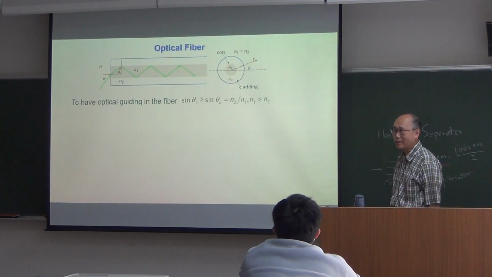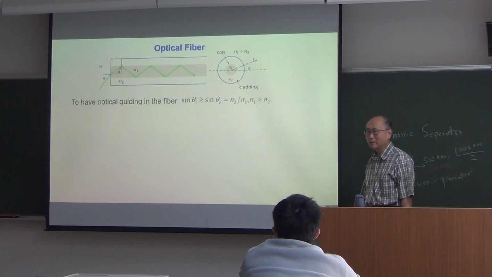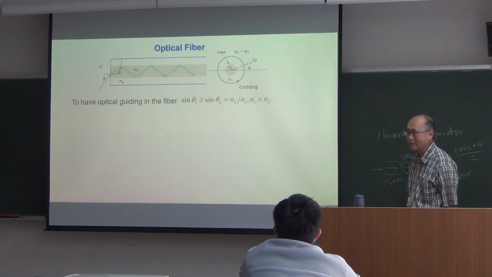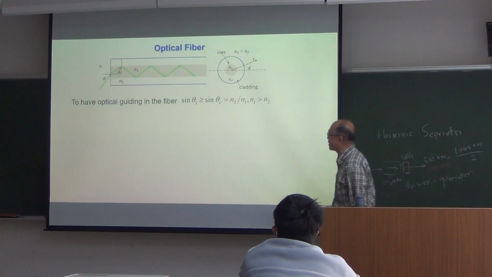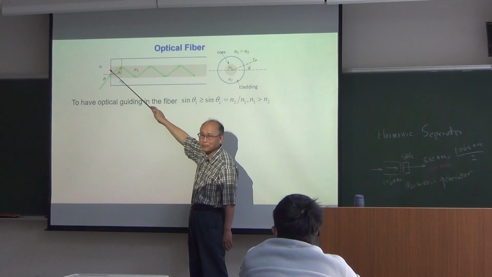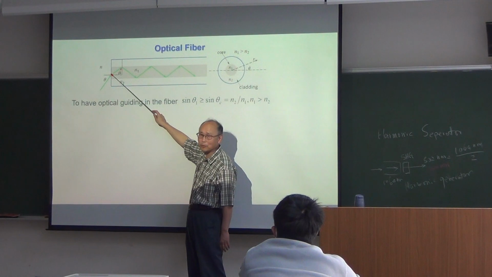So then it changed the whole world, because you can talk over very, very long distances by using optical signals going through an optical fiber. And then there's an opening angle, just like the way we define the entrance pupil and exit pupil.